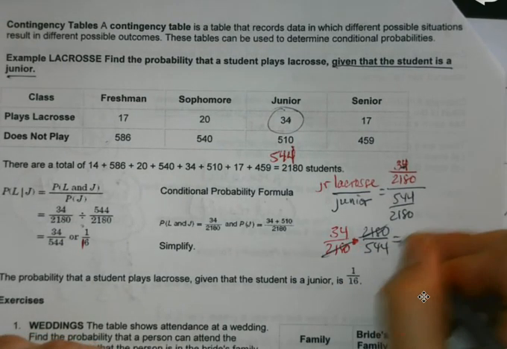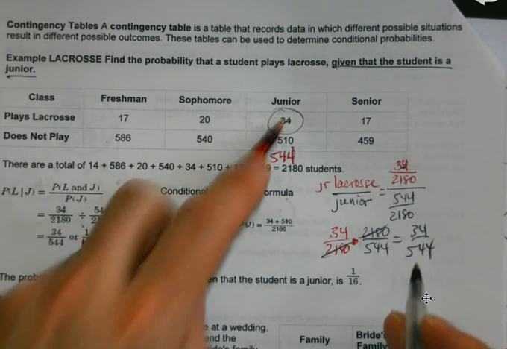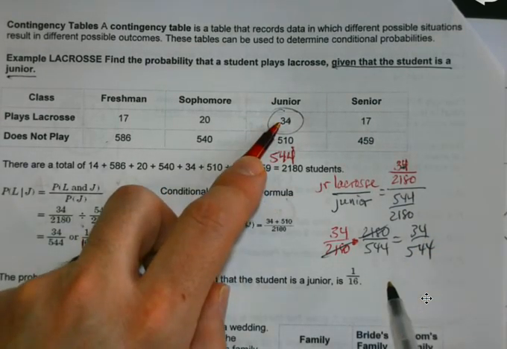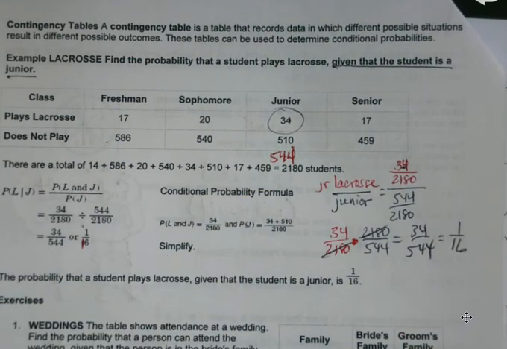Those are going to cancel, and we're right back to what we talked about here at the start. Well, I knew 34 played lacrosse. I knew there were 544 total, and I can get the probability. It's a lot simpler to use the common sense approach here, but that's where it's coming from.